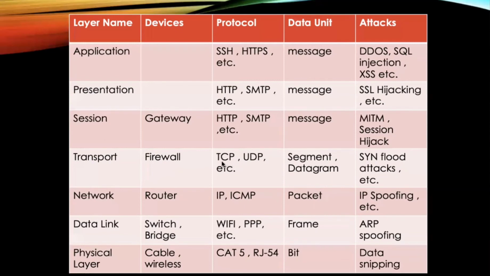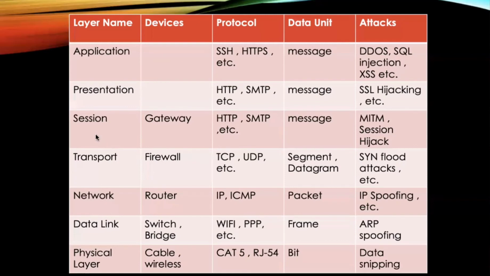We'll explain the protocols in detail. The data is called a segment for TCP and a datagram for UDP. Attacks here include SYN flood attacks. SYN here means the synchronization bit. This comes under the three-way handshake protocol. We'll explain that also at a later stage.